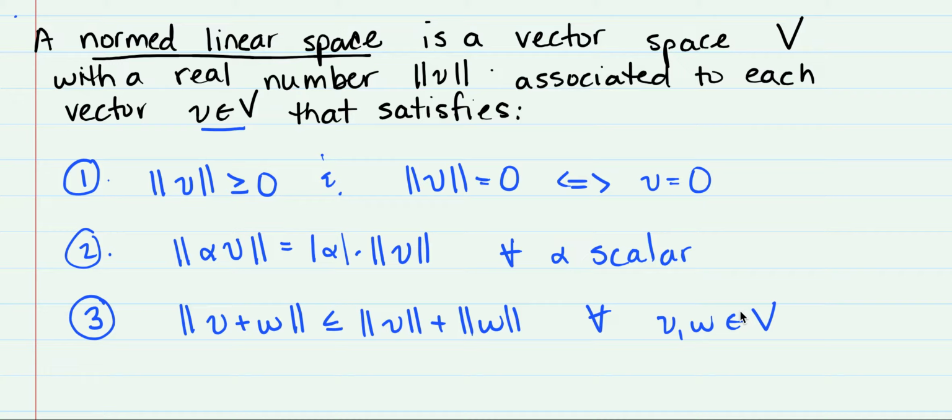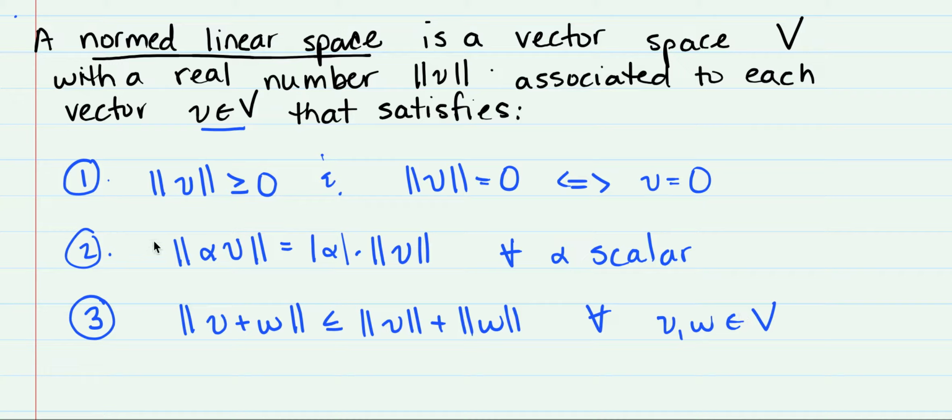So if you don't have an inner product, or you don't want to deal with inner products for a vector space, then you can just define this mapping, which takes every vector to a real number, and we call this mapping the norm of the vector. But the mapping has to satisfy the following conditions.